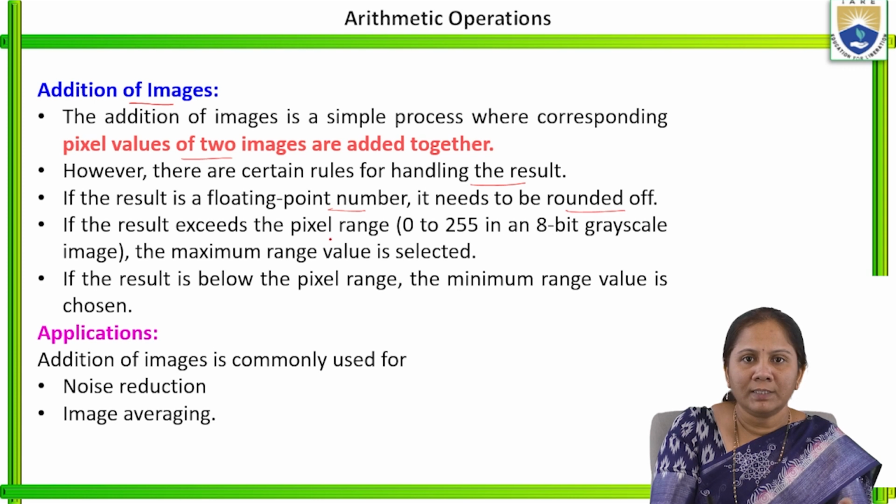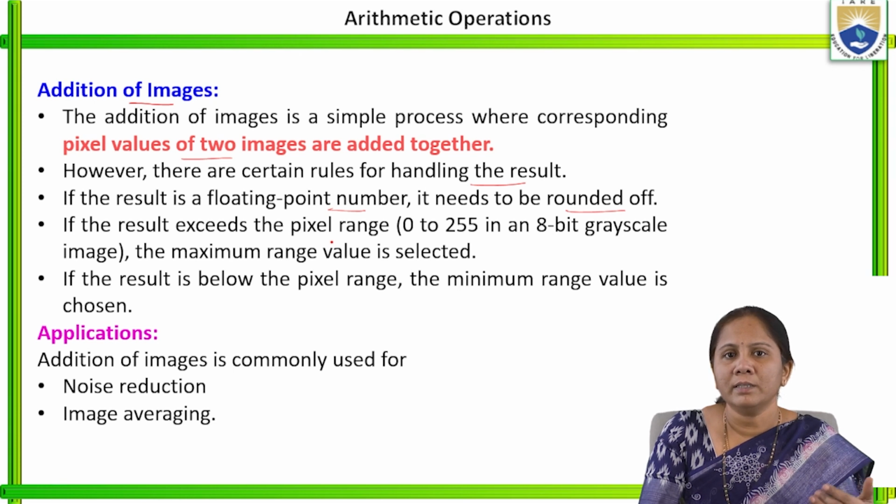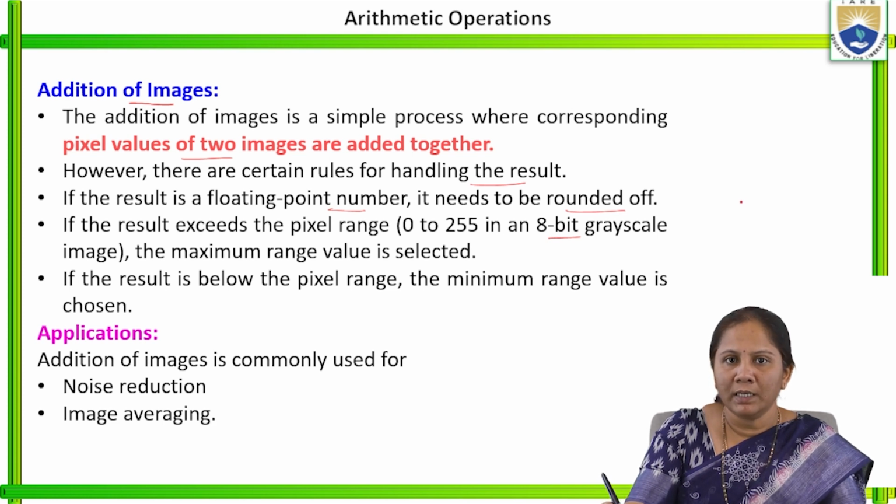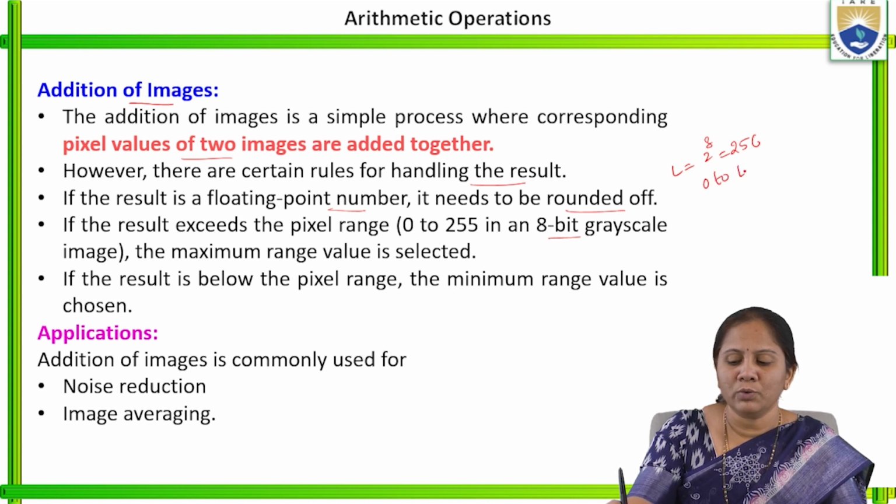Another condition we may get is that the result may be greater than the range. Range means, if we consider an 8-bit grayscale image, 2 power 8, how many levels are we going to get? Maximum 256. So it will range from 0 to L minus 1, that is 0 to 255.